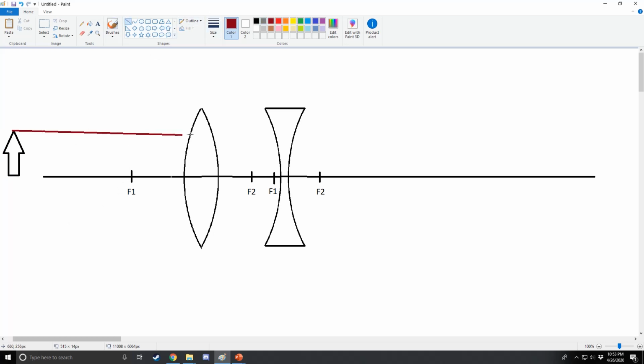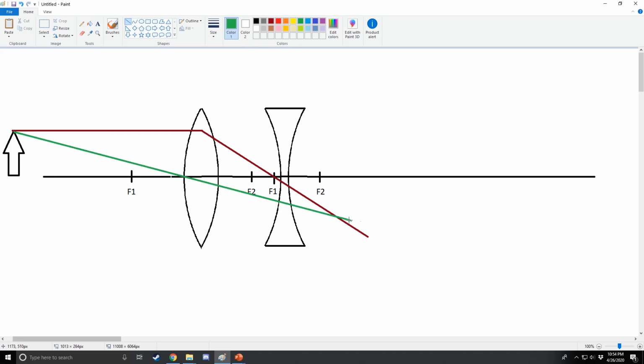So the first ray goes parallel and then through F1. Most likely from here, we're going to end up creating our image on this side. Well, we'll see. The next ray is going to go through the center.